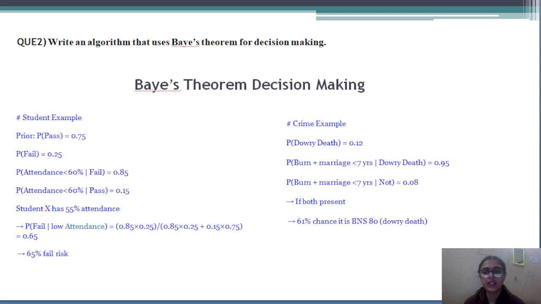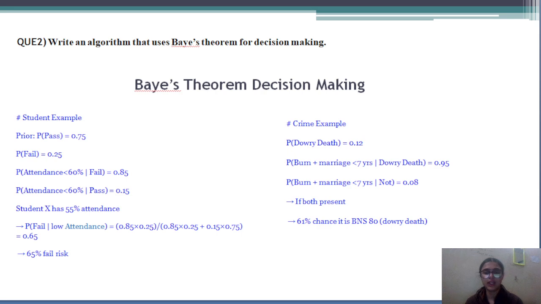And the second example is the dowry death example. P(dowry death) is given as 0.12, P(burn plus marriage less than 7 years | dowry death) = 0.95, and P(burn plus marriage less than 7 years | not dowry death) = 0.08.